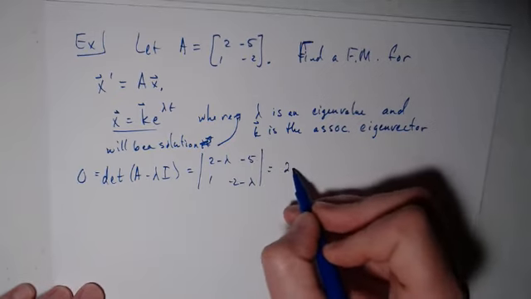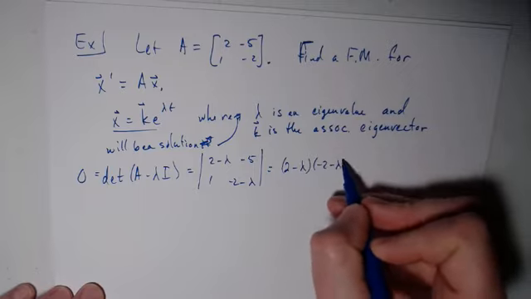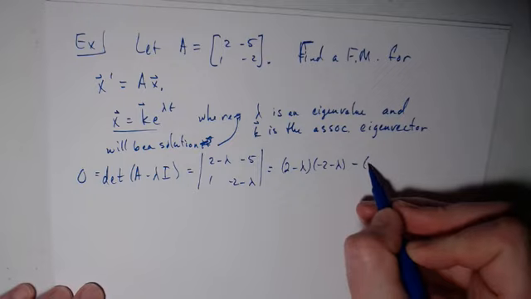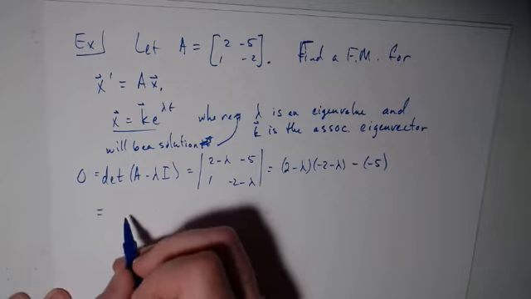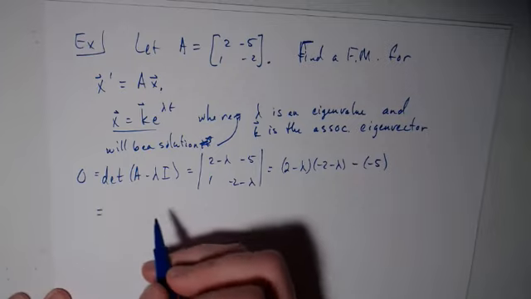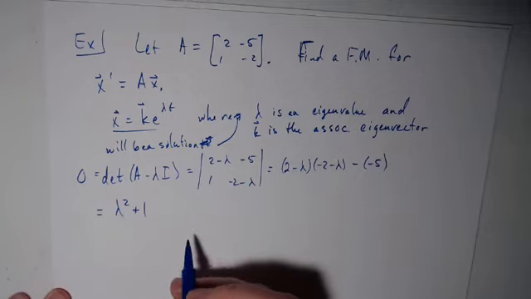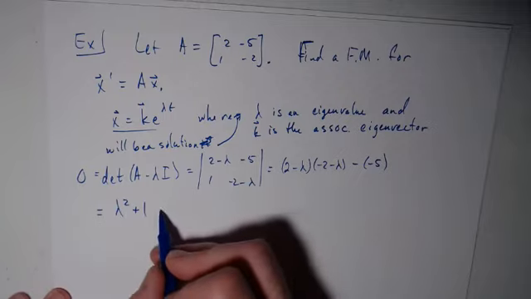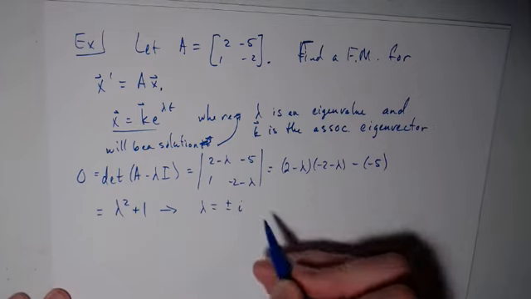So that's 2 minus lambda times negative 2 minus lambda, minus negative 5 times 1. Just writing that out, that's going to give us lambda squared plus 1. So we have lambda squared plus 1 equals 0. This tells me lambda equals plus or minus i.